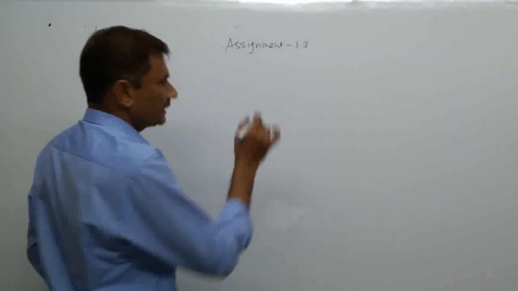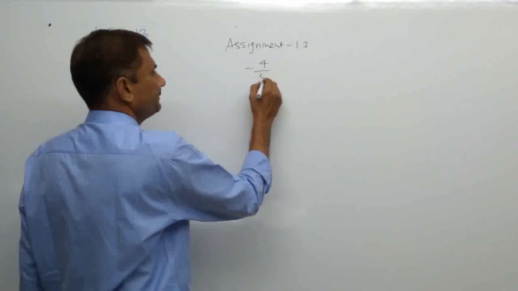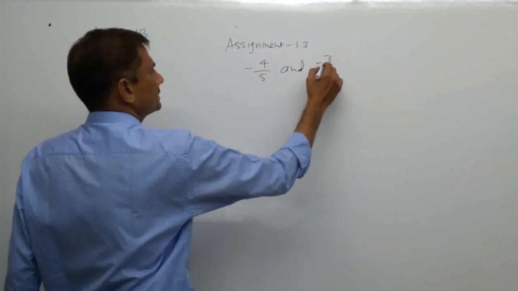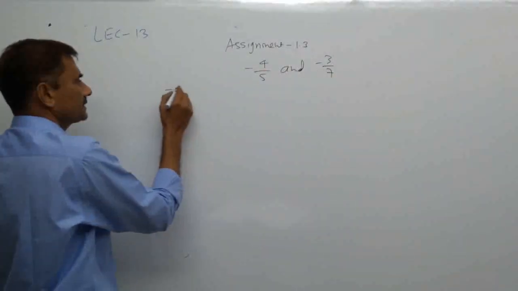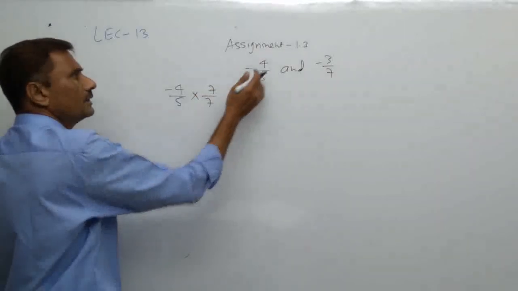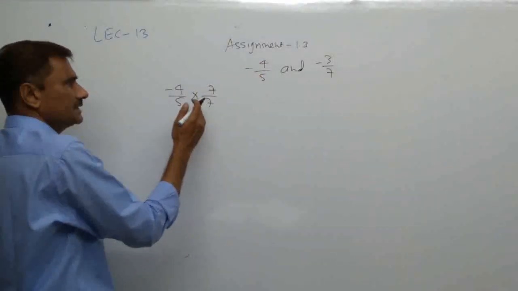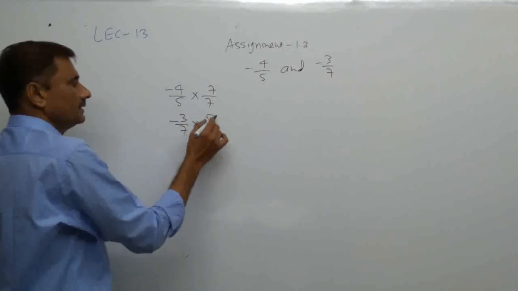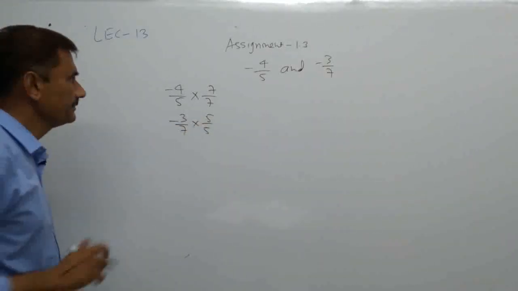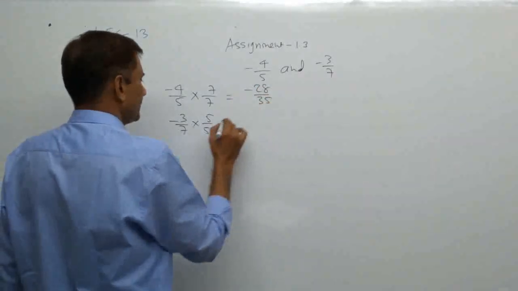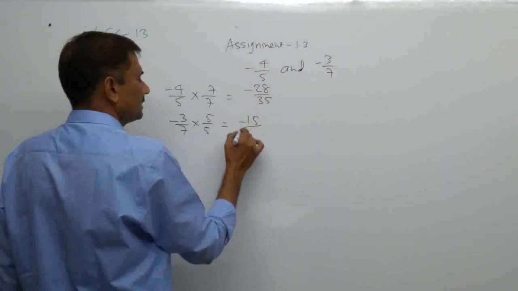First one, they have given minus 4 by 5 and minus 3 by 7. So according to our method, first of all, make the denominators equal. So multiply the first fraction by 7 and the second fraction by 5. Just interchange the numbers. So it will be minus 28 upon 35 and this will be minus 15 upon 35.